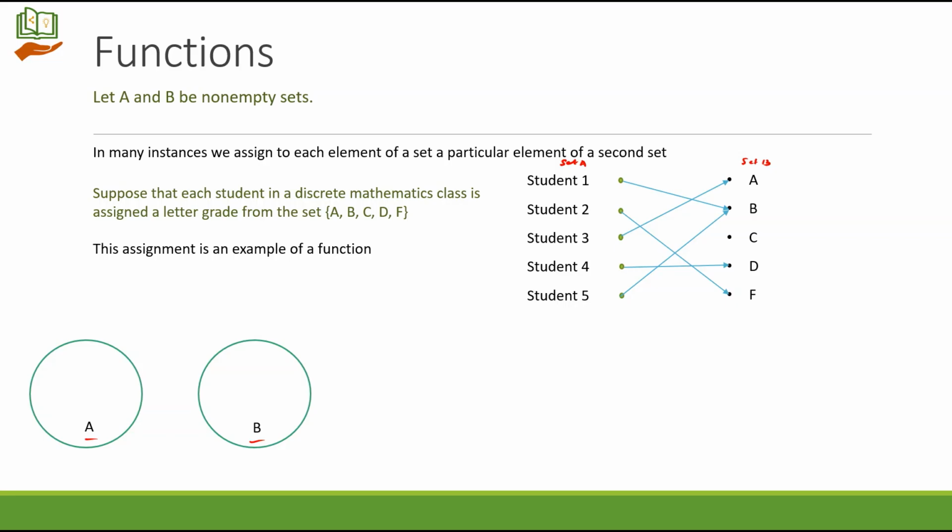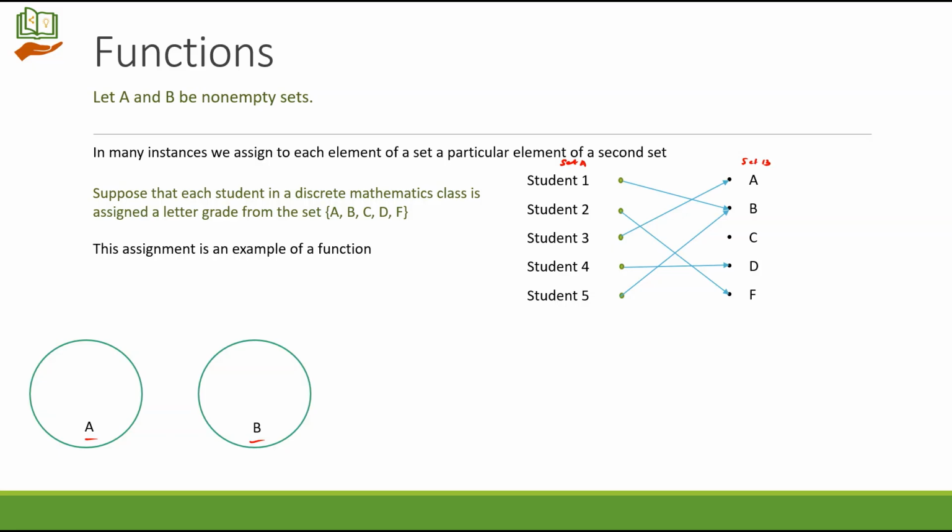Student 1 is assigned grade B, student 5 is assigned grade B, student 2 is assigned grade F, student 3 is assigned grade A, student 4 is assigned grade D, and no student has got grade C.